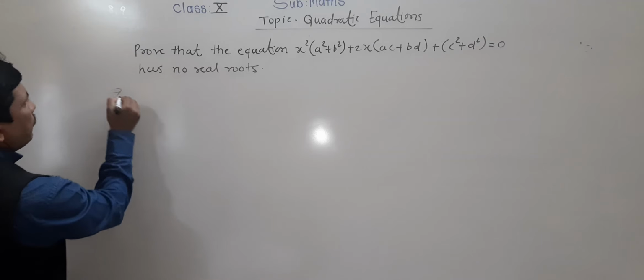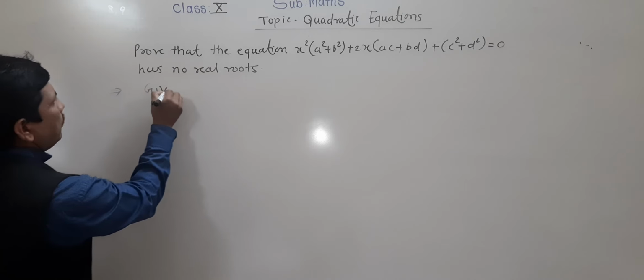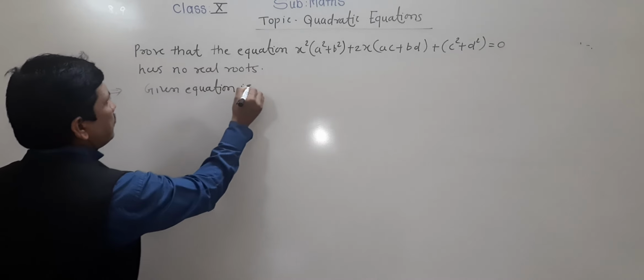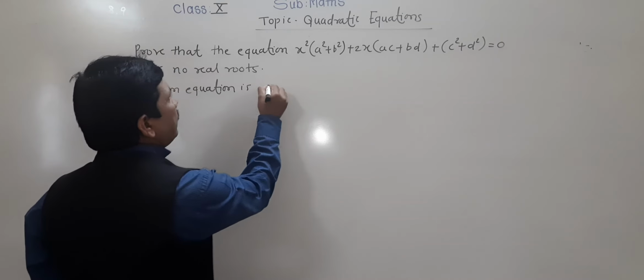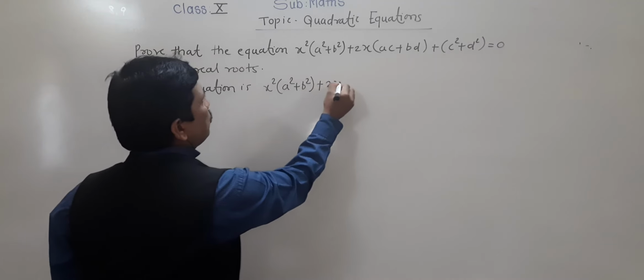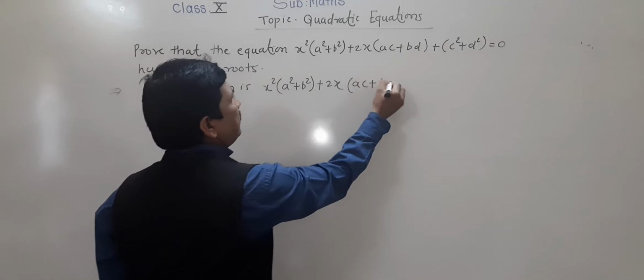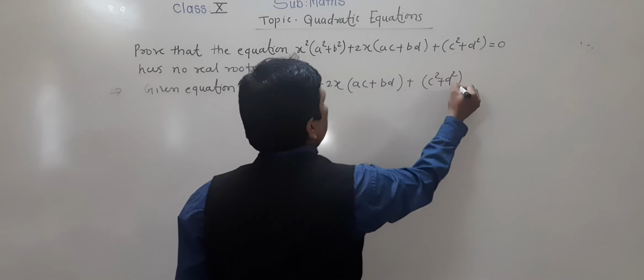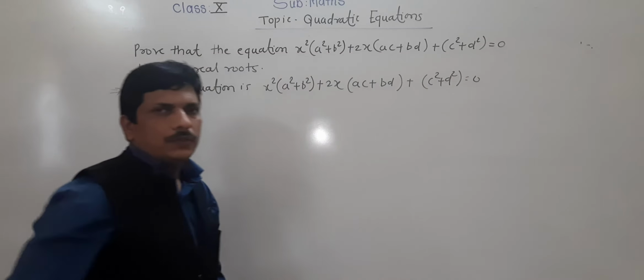So what is the given equation? Given equation is x square into a square plus b square plus 2x ac plus bd plus c square plus d square is equal to 0. This is the given equation.